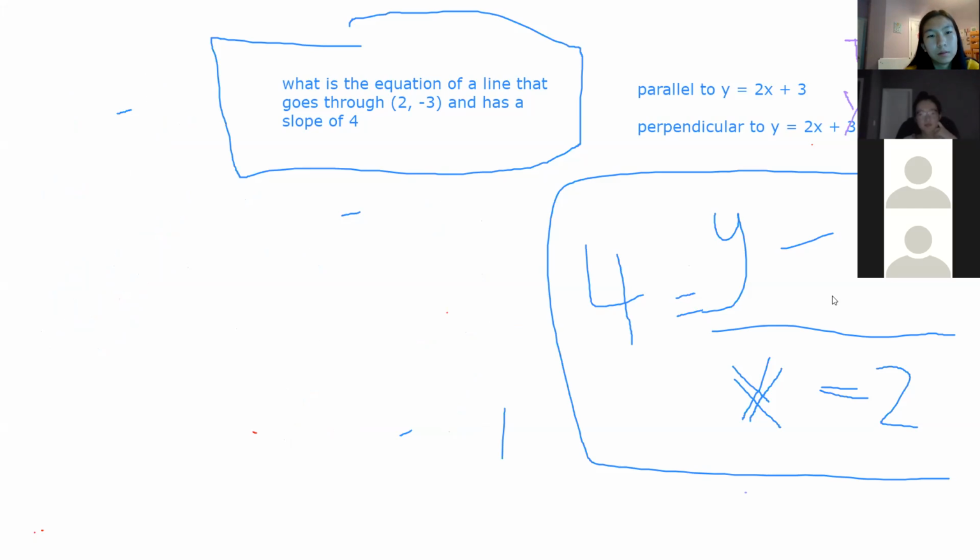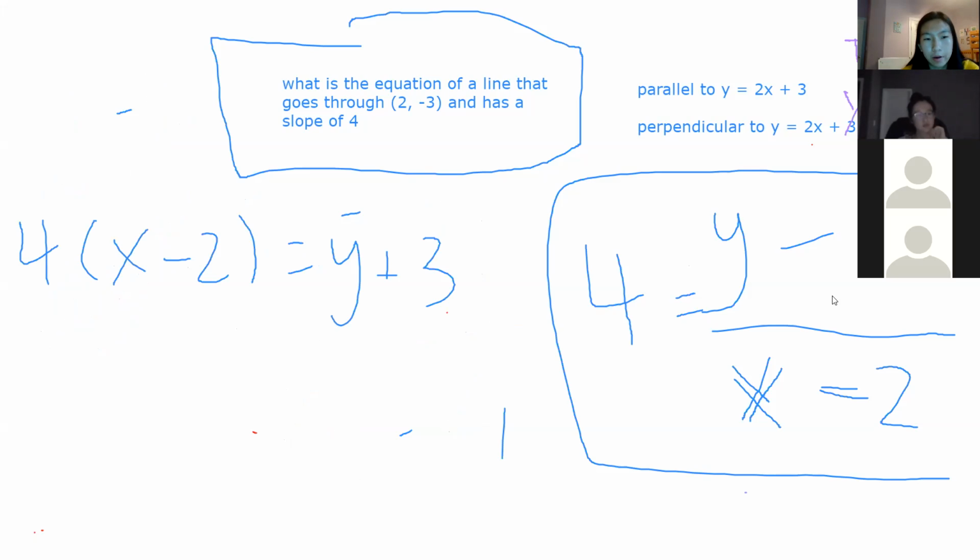Okay, so really you just multiply it over. You get 4 times x minus 2 equals y plus 3. Does that make sense? And then from there, you guys know how to multiply that out and make it into slope-intercept.